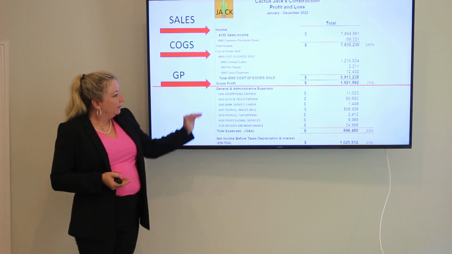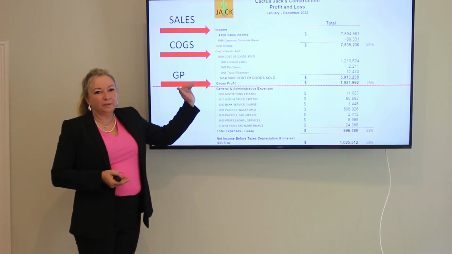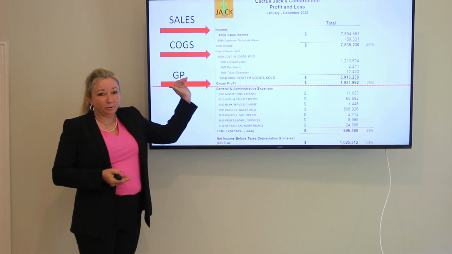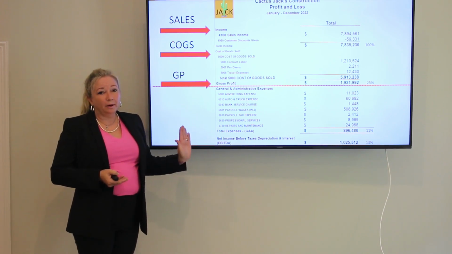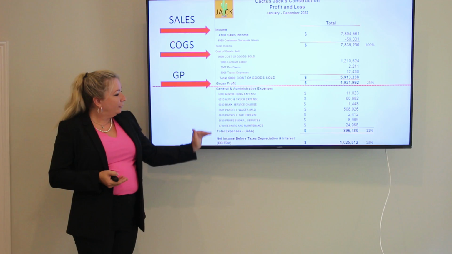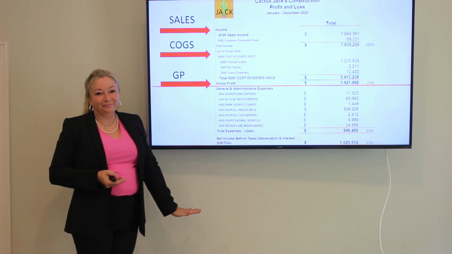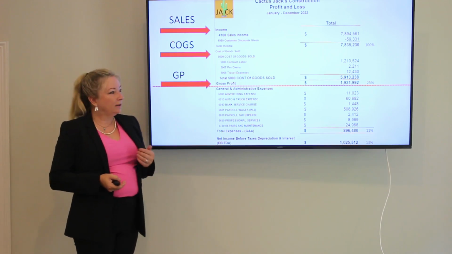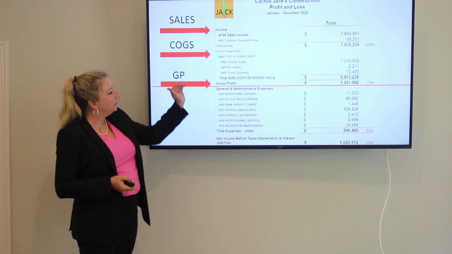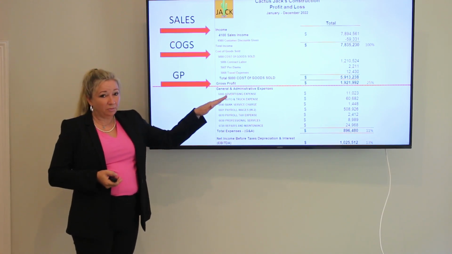But this is where we focus, because if we don't have at least 25% left over after we subtract out our cost of sales, we are not likely to have enough money to pay for the bottom part. And if we don't have enough money to pay for the bottom part, guess what? Our bottom line is negative. So this is where we start with our understanding of ops and ops margin and how important this is. 25% I'm using is a benchmark.